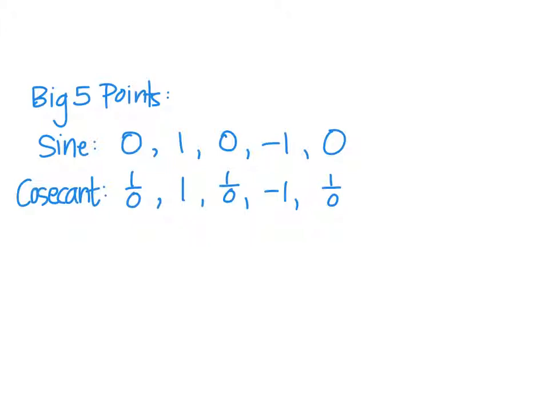Undefined is like a vertical line. So actually Jaylani was the most right. She said a vertical line. So there are 3 undefined, so there are 3 asymptotes that we're going to draw.